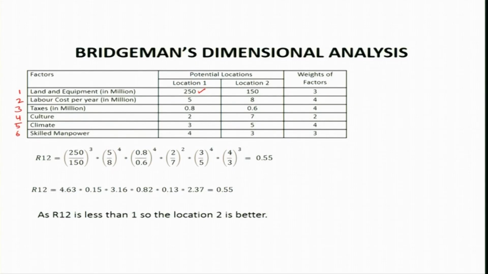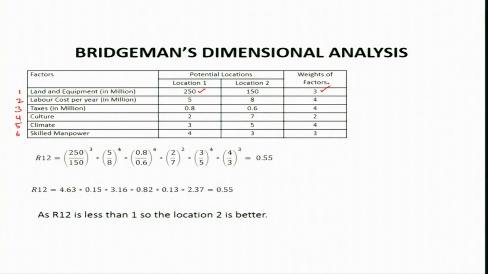250 million is the cost of land and equipment. It can be the initial cost also, it can be the annual cost also, depending upon how you want to consider this parameter. Here it is not necessary that we should consider the annual cost; we can consider even a one-time cost also. Then you decide how much weightage you want to give to a one-time cost, and if there is an annual recurring cost, how much weightage you want to give.